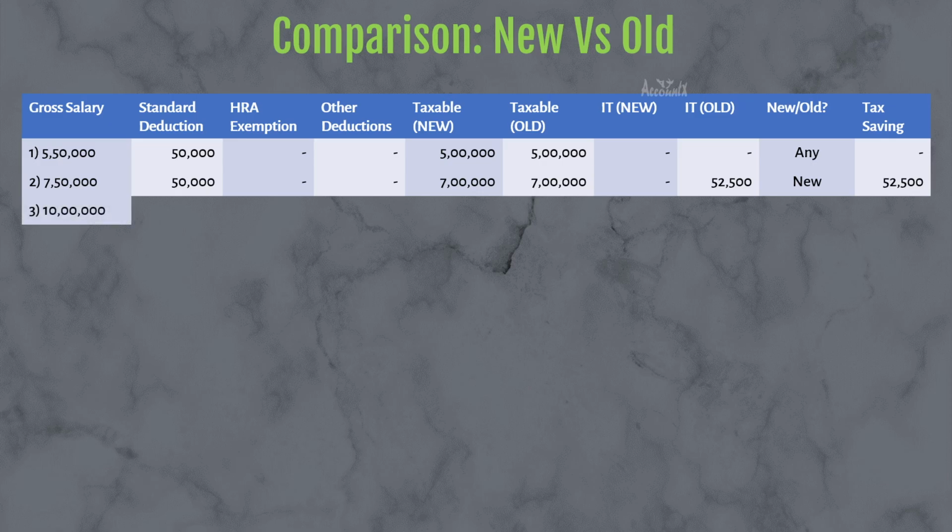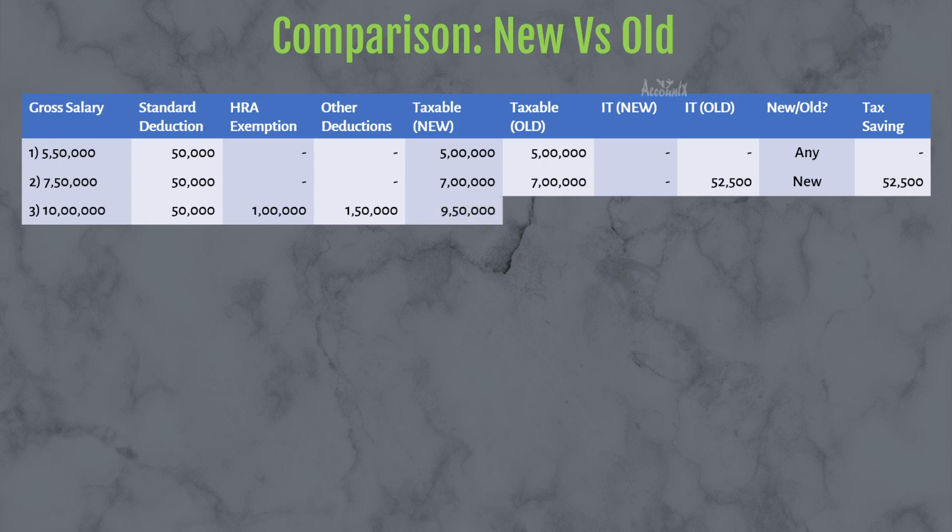Third, when your gross salary is 10 lakh, standard deduction is going to remain the same. Let's say you avail HRA exemption of 1 lakh, that is you stay in a rented house, and other deductions are 1.5 lakh. Let's assume this is deduction under section 80C.